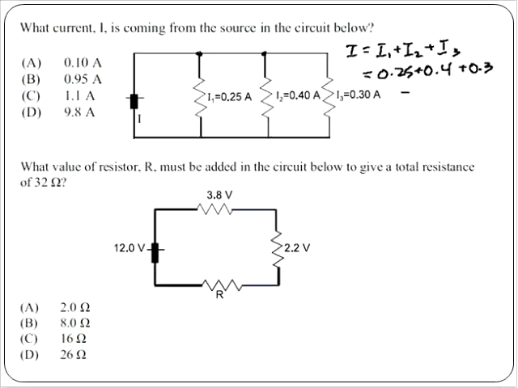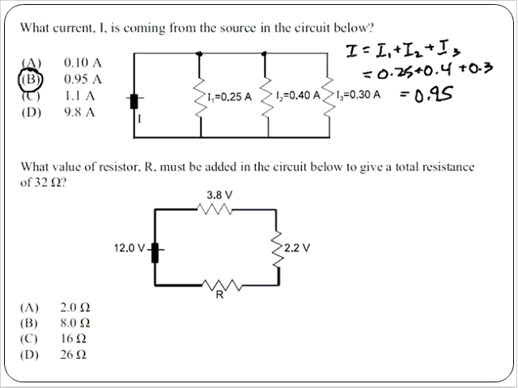In other words, it's 0.25 plus 0.4 plus 0.3, which is equal to 0.95. So the total current leaving the battery must have been 0.95, because that's the sum of all the splits there. That's what the current rule tells me. It splits up, goes three different ways, and then when it gets back down to the bottom, it recombines, and those three go right back to 0.95 again.